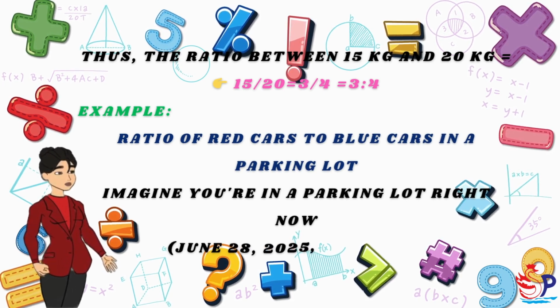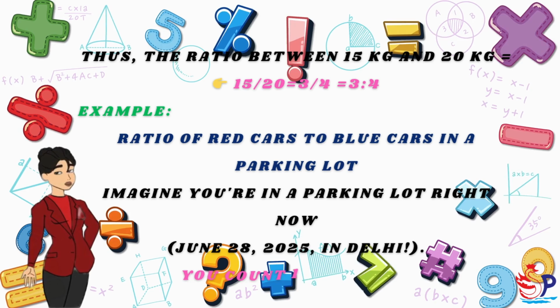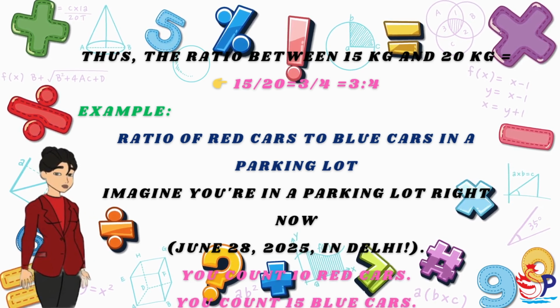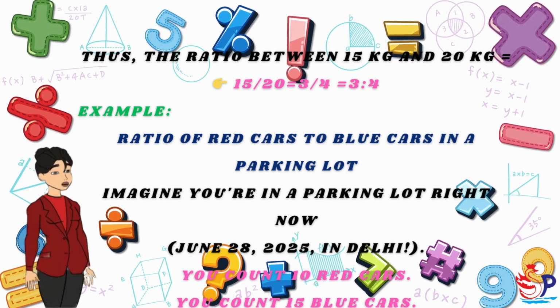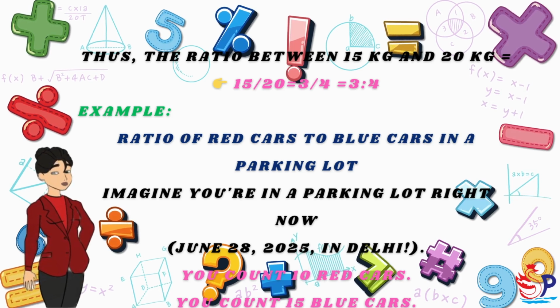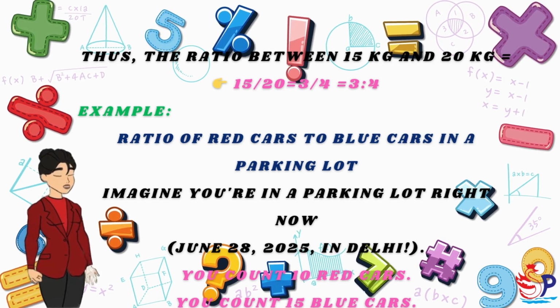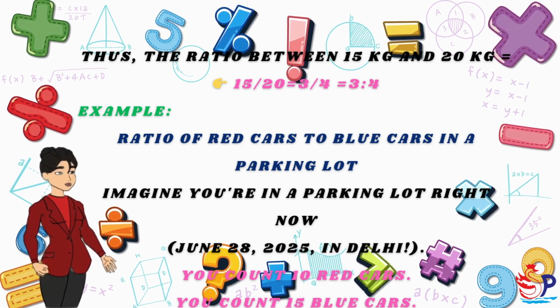Example, ratio of red cars to blue cars in a parking lot. Imagine you're in a parking lot right now, 28th June 2025, in Delhi. You count 10 red cars. You count 15 blue cars.